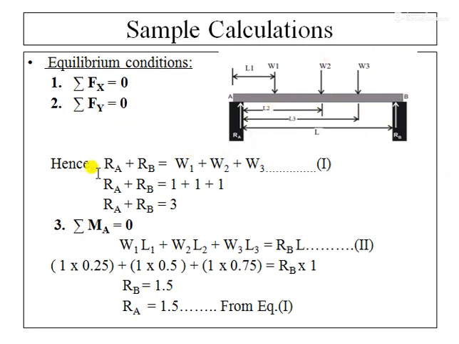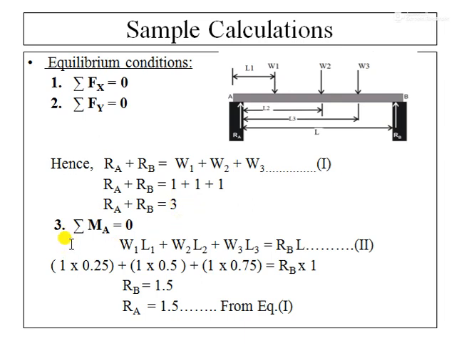Based on this, we get Ra plus Rb, that is both the forces acting in the upward direction on the LHS, will be equal to all the forces acting in the downward direction. So we get the expression Ra plus Rb is equal to W1 plus W2 plus W3. Now I substitute the value of all the weights we have considered as 1 kg each. The ultimate form we get is Ra plus Rb is equal to 3.